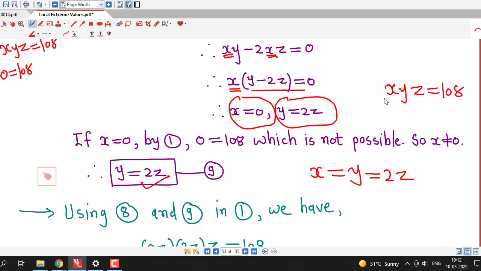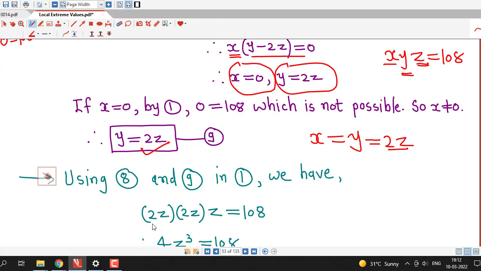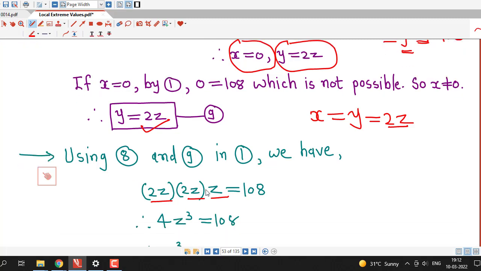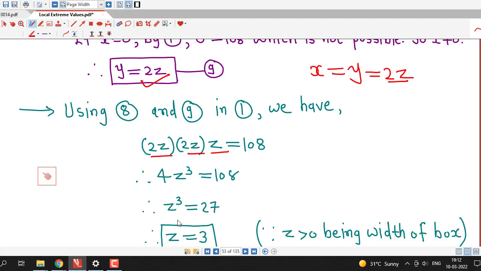So here we replace x by 2z, y by 2z, and we keep z as it is, and we obtain this. Now this is going to be 2 into 2, 4, and we have z into z into z, 3 times, that is 4z cube equal to 108, and therefore z cube equal to 27.